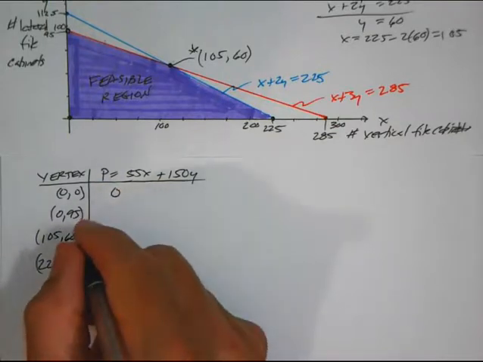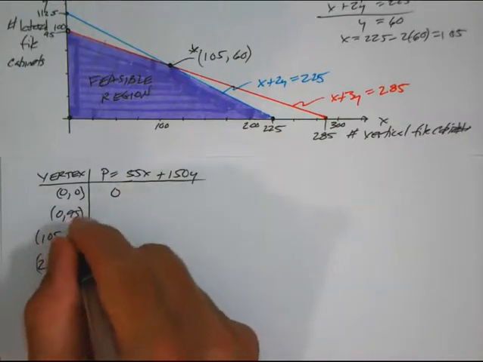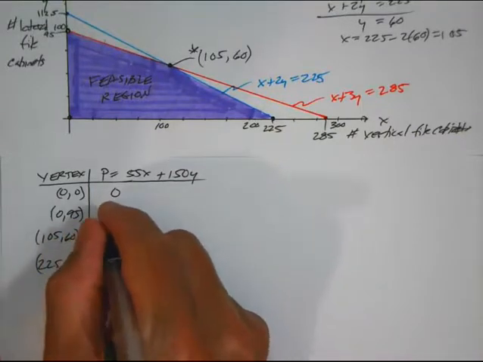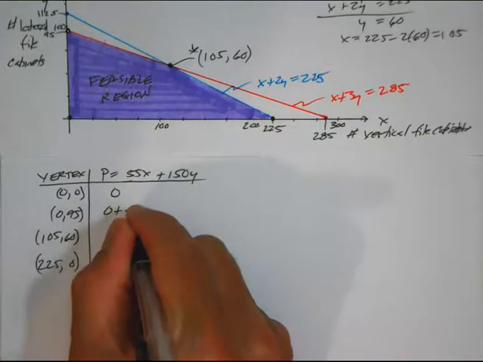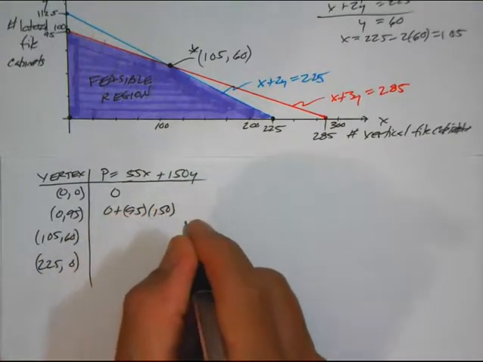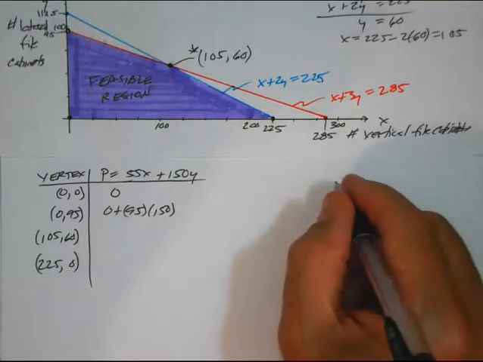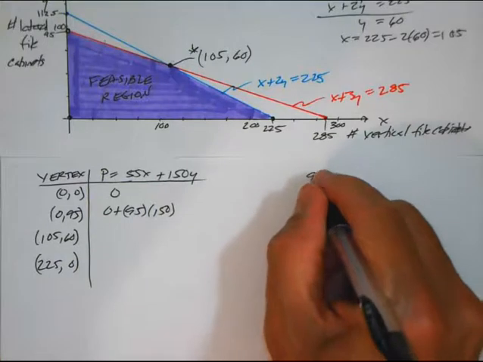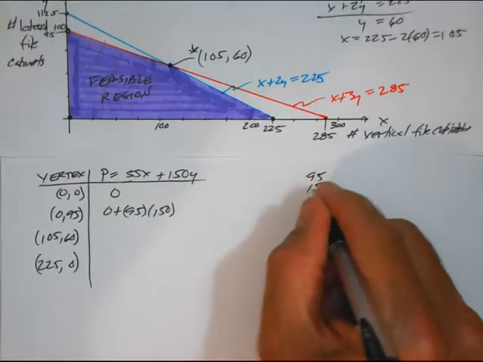Take nothing. Okay, this vertex here, 0, 95, that amounts to 0 plus 95 by 150. Okay, some scratch work on the side here. I'll do 95 by 15 and add a 0 when I'm done.